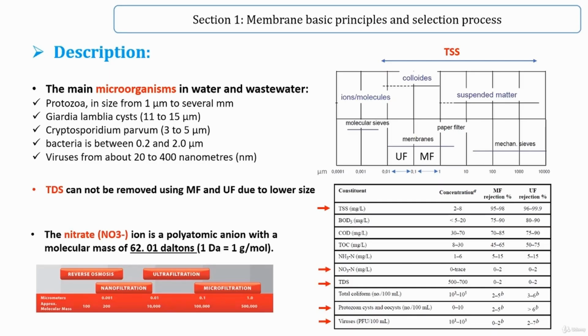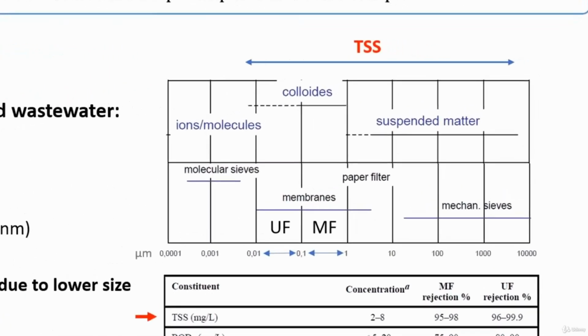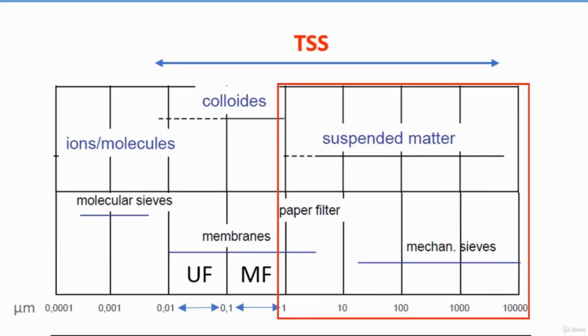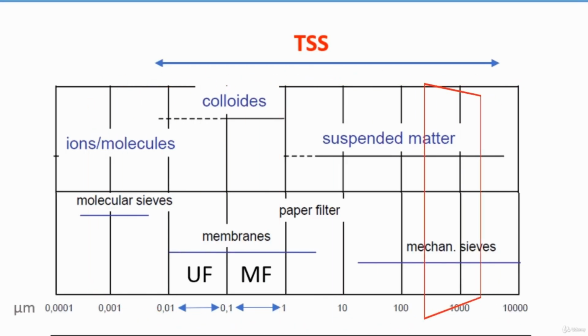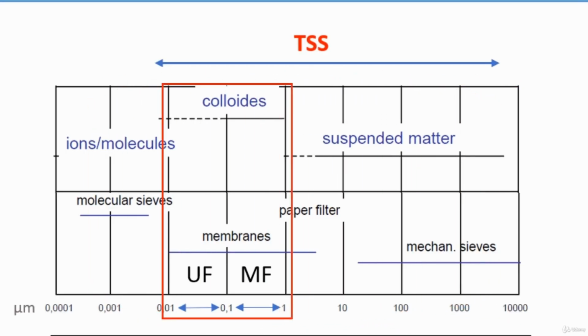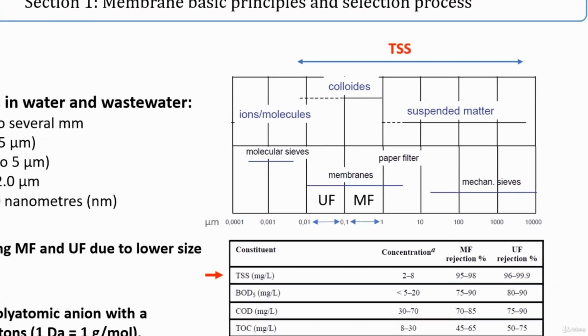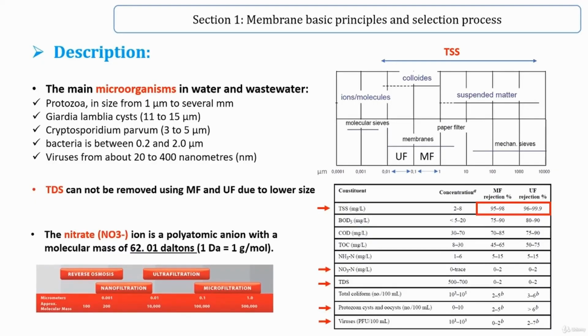If you look at the size range of TSS in this figure, all the suspended matter is between 1 micrometer to several millimeters and can be removed using microfiltration, but colloids are located in the size range of 1 to 0.01 micrometer, so they can be removed using both microfiltration and ultrafiltration, and that's why you can see in the table the removal efficiency using these membranes is more than 95%.